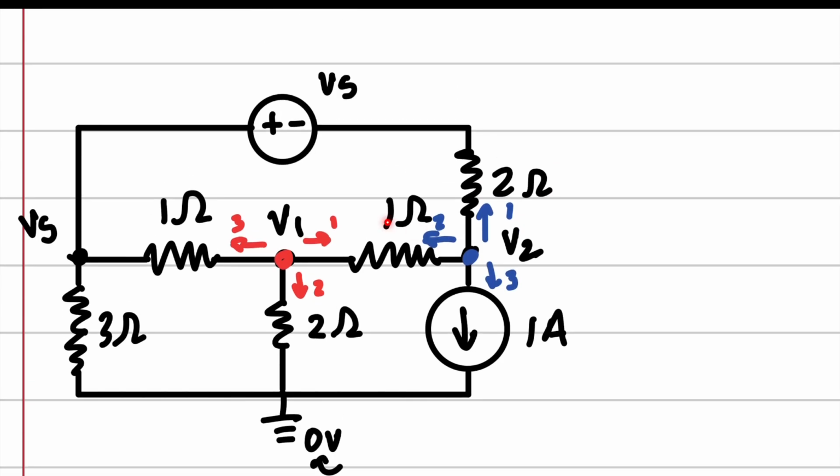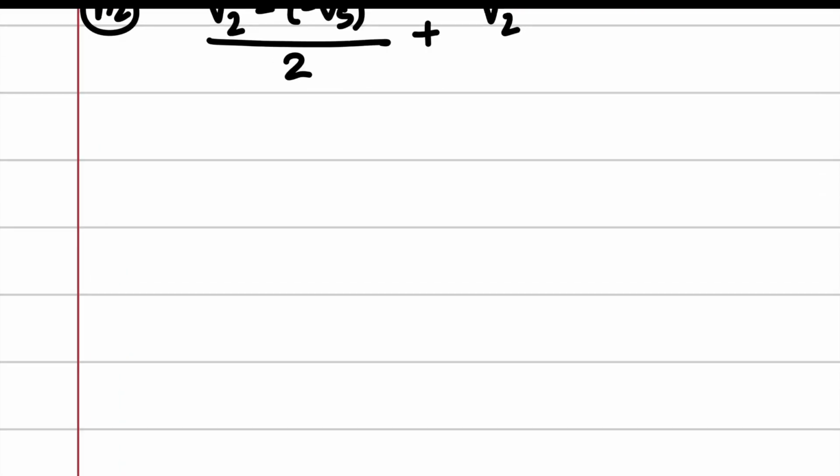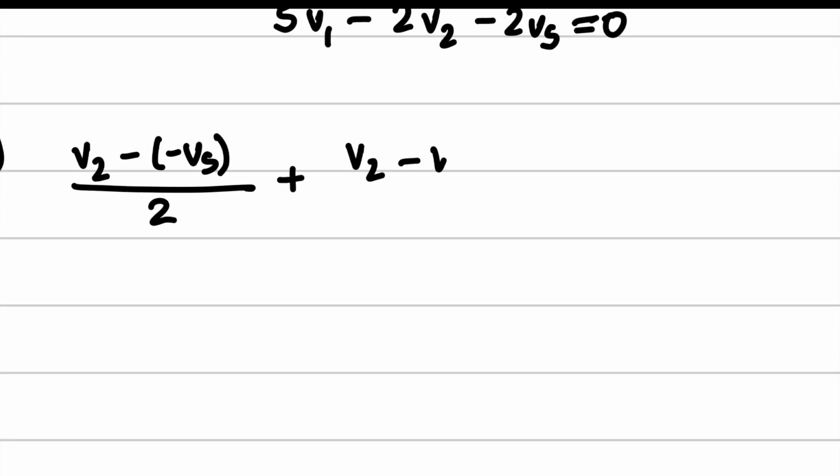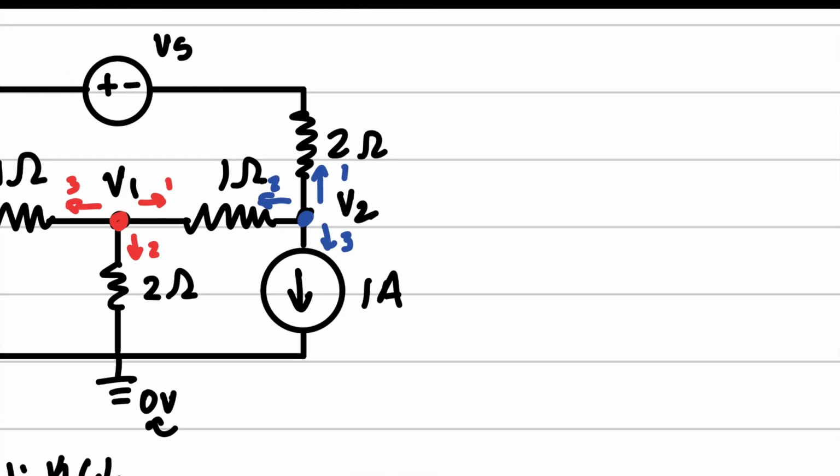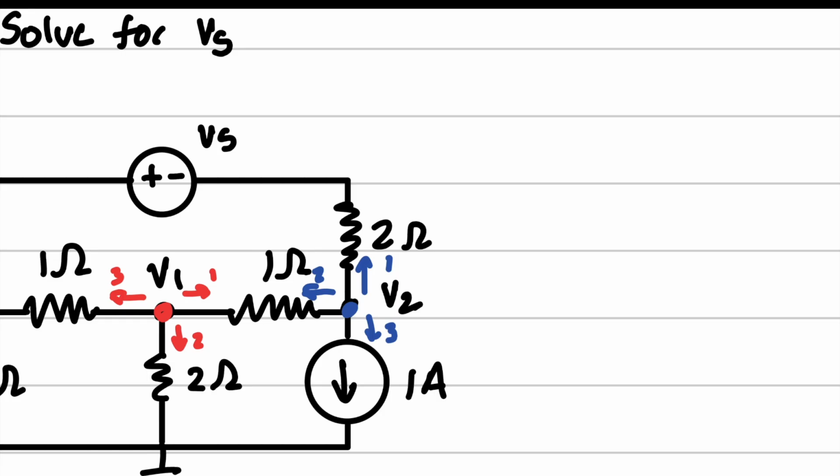We've got V1 next. V1 minus V1 over 1, I believe. And then plus, now check this out. The current here is already defined because we have a current source. So we just simply put this in, because remember, what is nodal analysis?